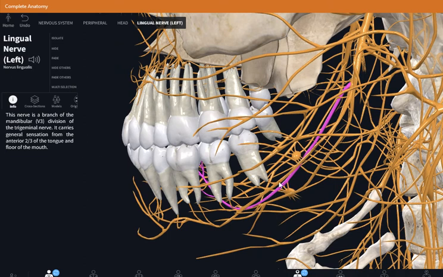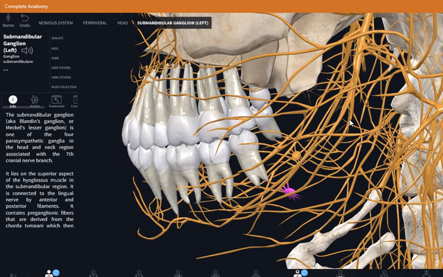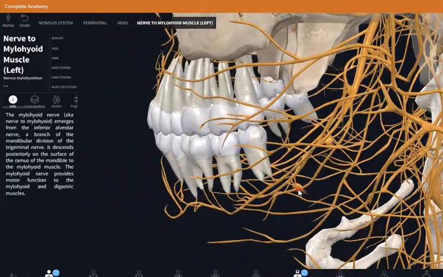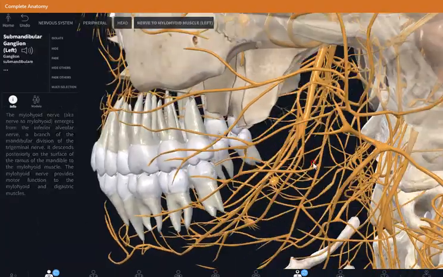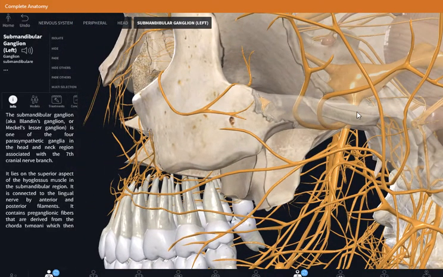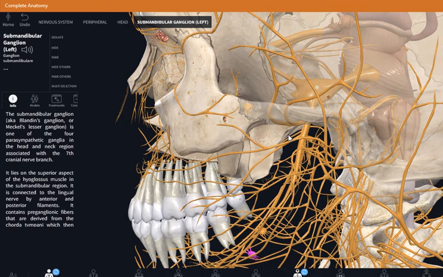So you see that it has hitchhiked to the submandibular ganglion from another fiber called the chorda tympani. The chorda tympani is used by the facial nerve to carry taste from the anterior two-thirds of the tongue, and the lingual nerve is used to carry general sensation from the anterior two-thirds of the tongue.